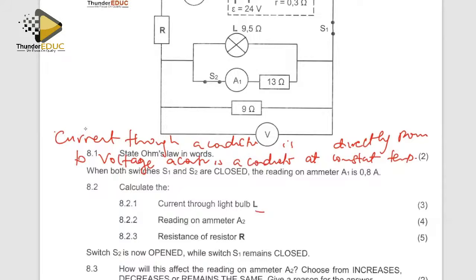Then when both switches are closed, they want us to get the current through L. Where is L? This is L. But they're telling us that the reading here is 0.8. So if we have this current and this resistance, we can get the voltage here.